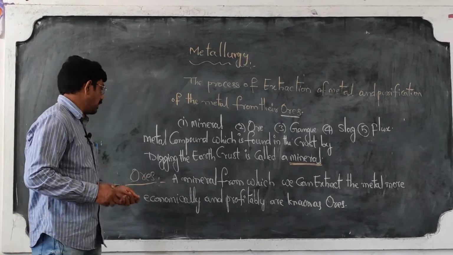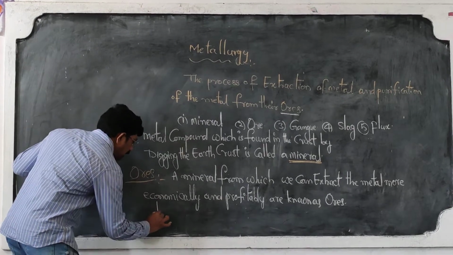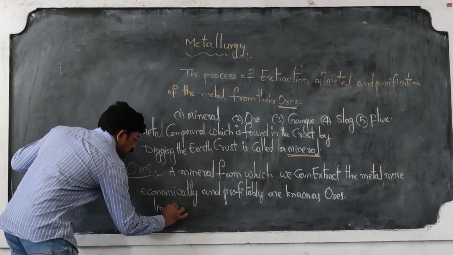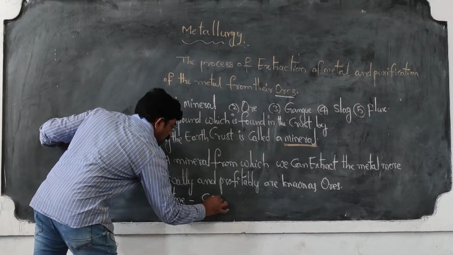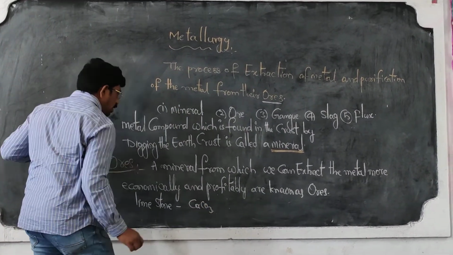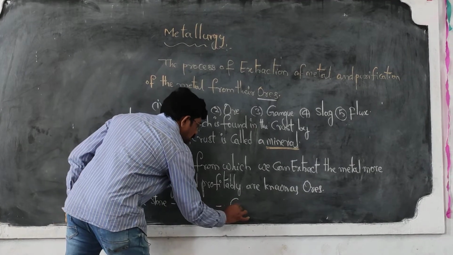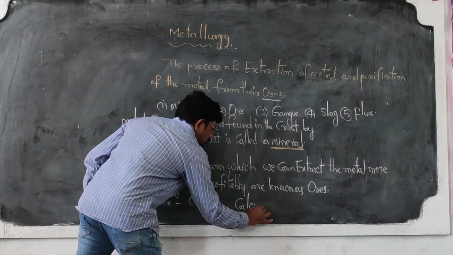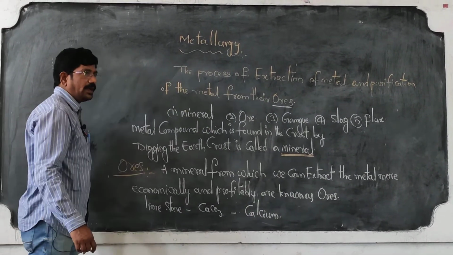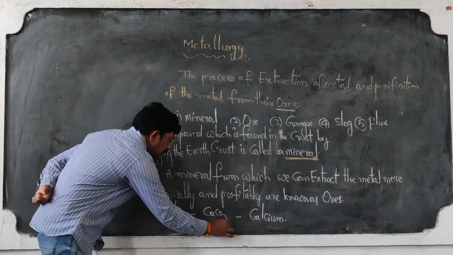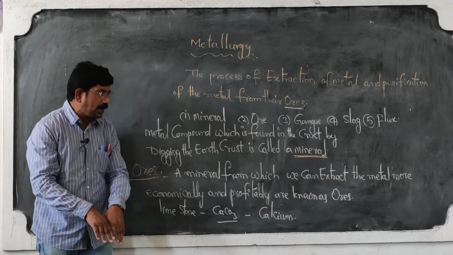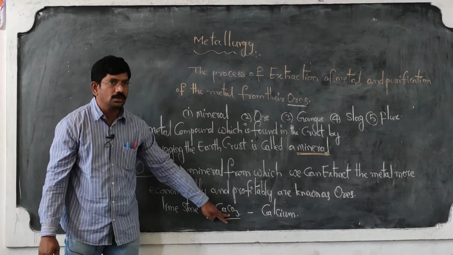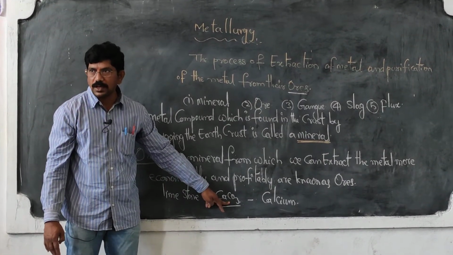For example, take the case of limestone. Its formula is calcium carbonate. It is the ore of calcium. It is obtained inside the earth crust as a carbonate ore.